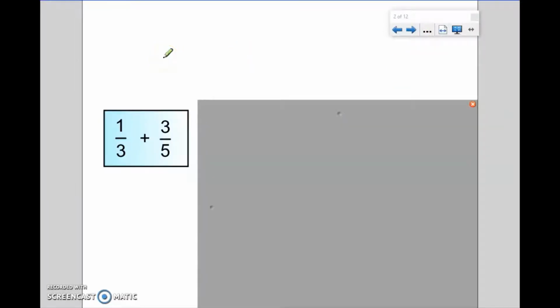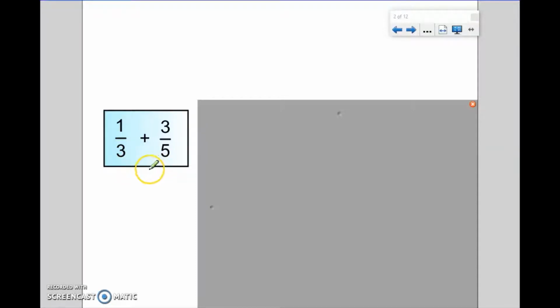Okay, let's have a look at another question. 1/3 plus 3/5. So again, I have a problem. I don't have a common denominator. I'm not dealing with the same number on the bottom of the fraction. Therefore, I'm going to manipulate the question, I'm going to alter the question, I'm going to use 2 equivalent fractions which do have a common denominator.